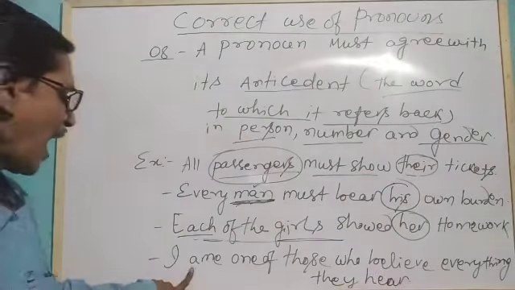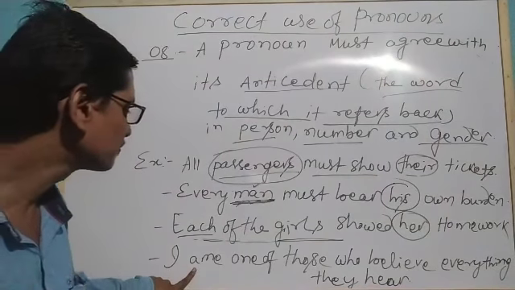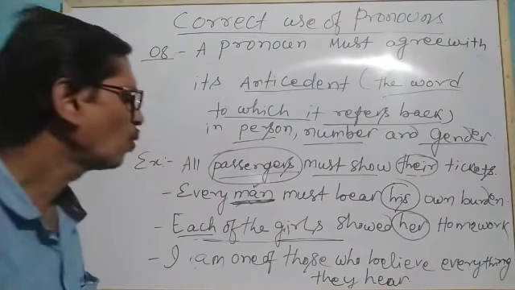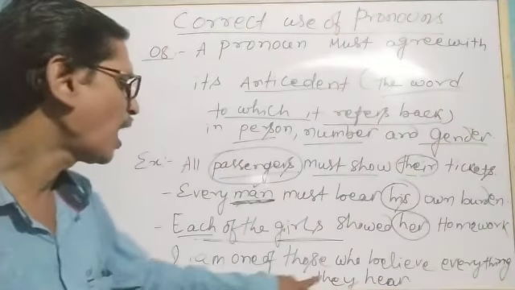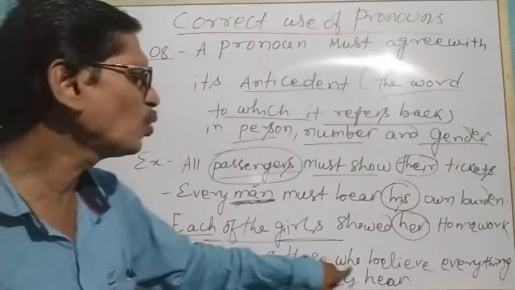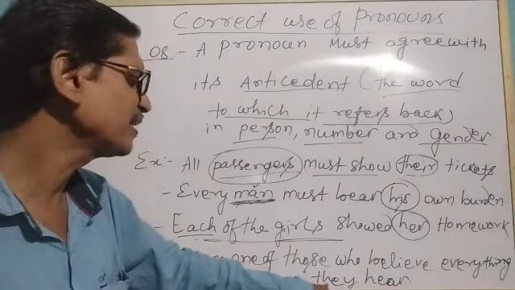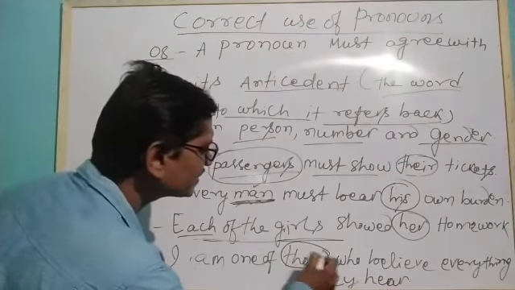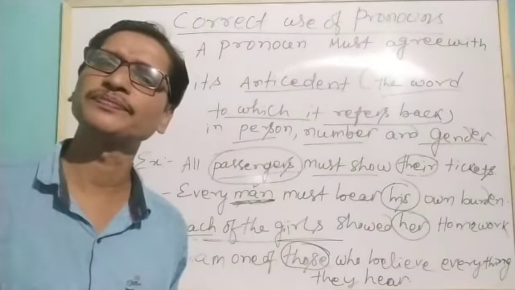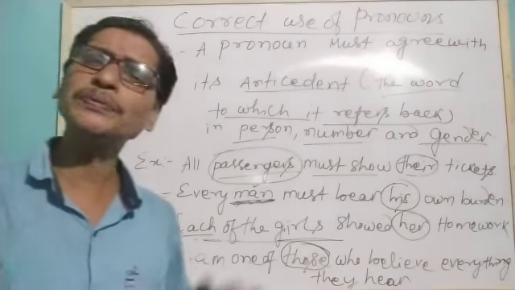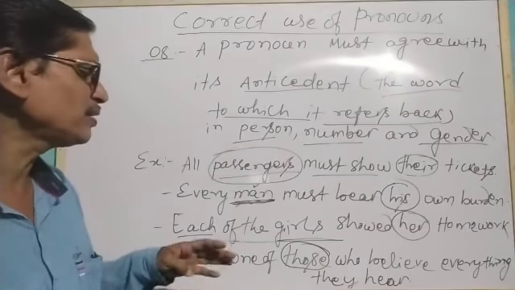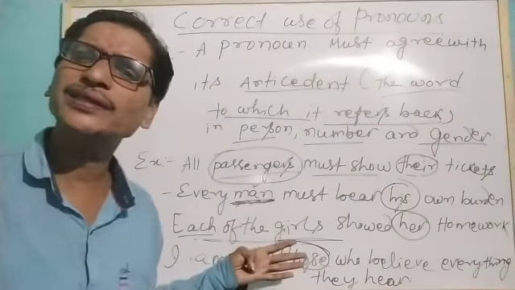Next, I am one of those who believe everything they hear. So here we have taken the antecedent as those. So those means it is a plural number. Okay, and we don't know their gender.